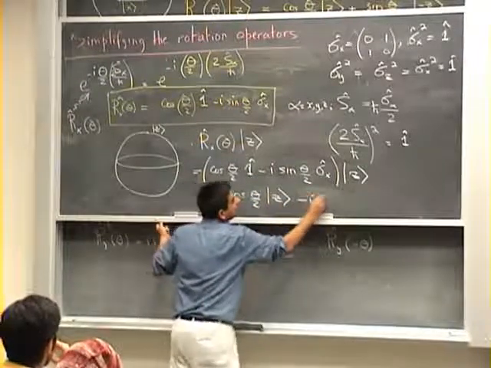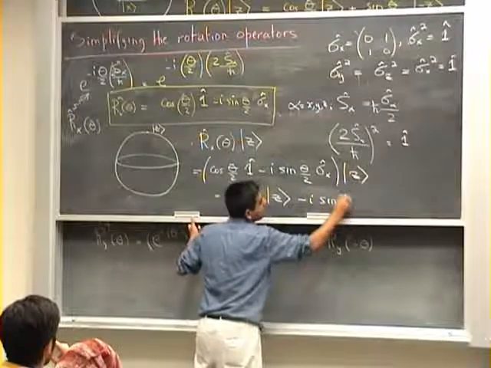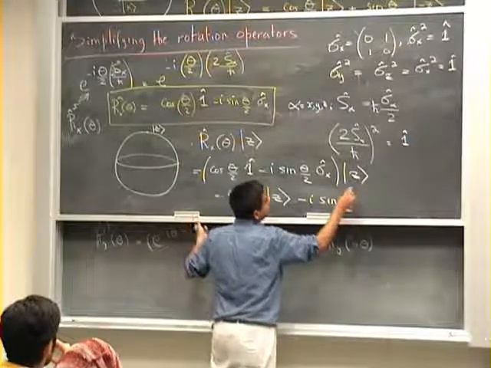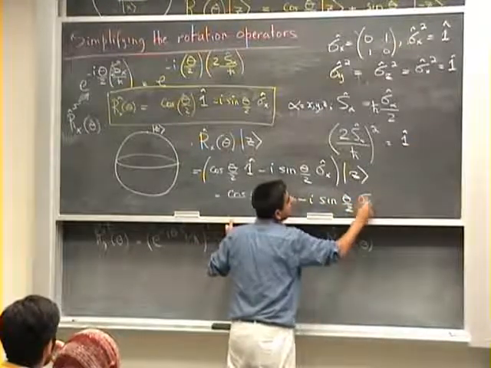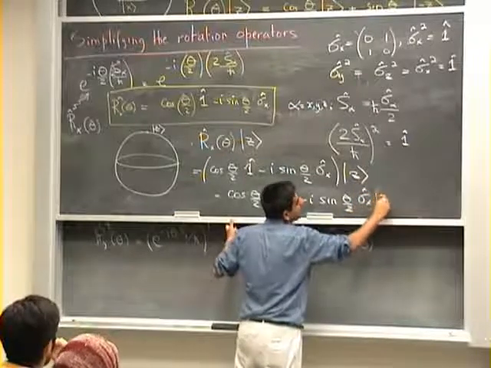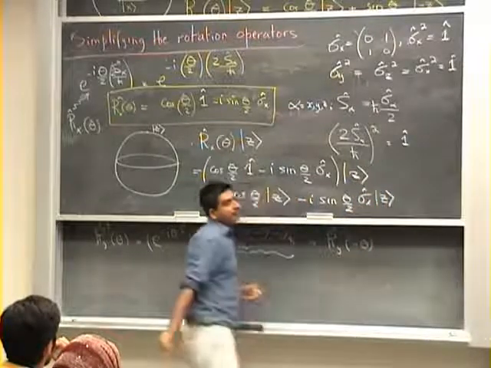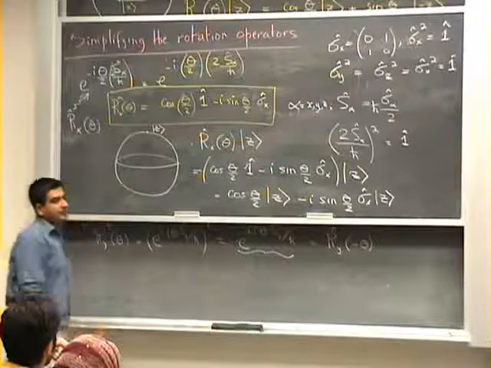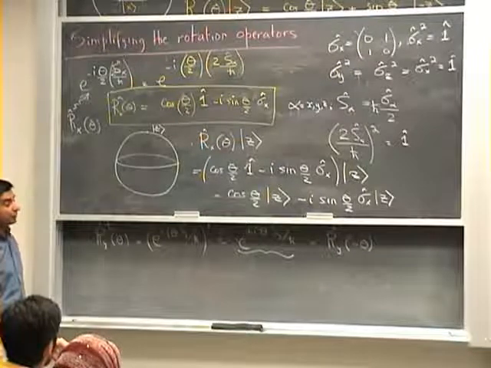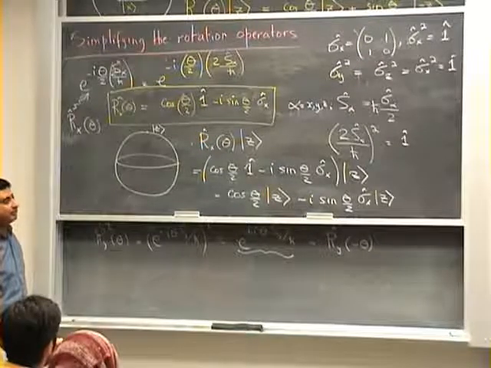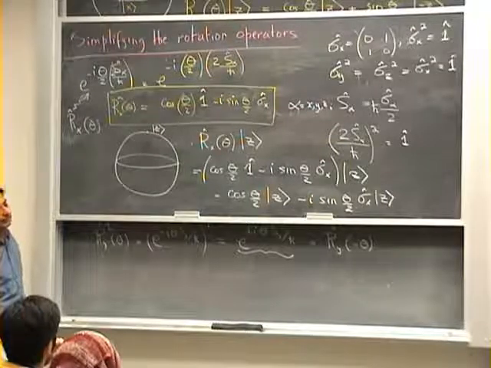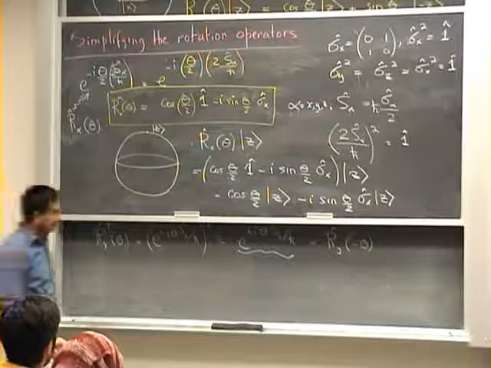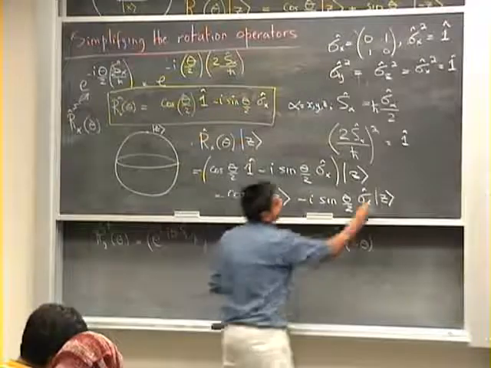Minus iota sine theta by 2, and what is the result of sigma x acting on z? I have to calculate this.